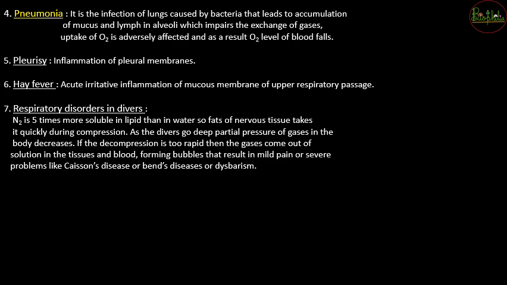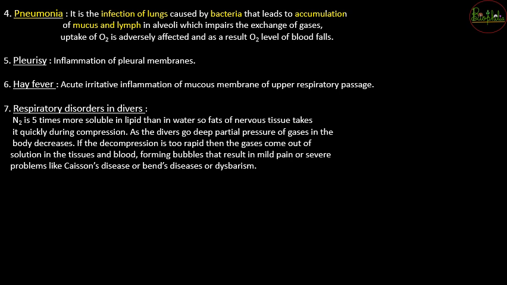Pneumonia is going to be caused because of infection in the lungs. अब ये infection कौन cause करता है? It is because of bacteria called as Streptococcus pneumoniae. Now this bacteria is going to start to accumulate mucus and lymph in the alveoli. Now once the mucus and lymph starts getting accumulated, then what is the problem?